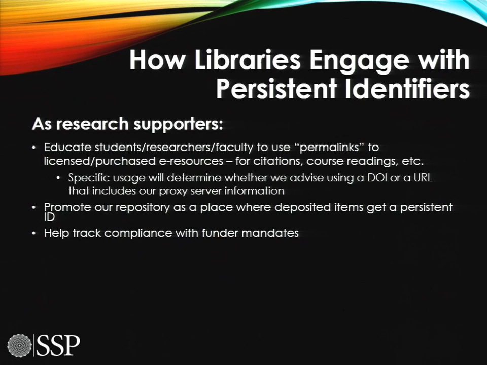We also promote our institutional repository as a place where deposited items get a persistent ID. Getting folks to use that handle that is assigned in our repository is really challenging, and I am interested to hear how we can work with them to get buy-in.